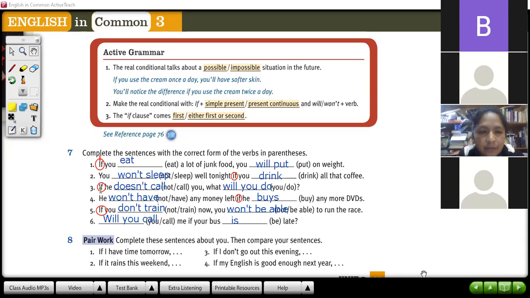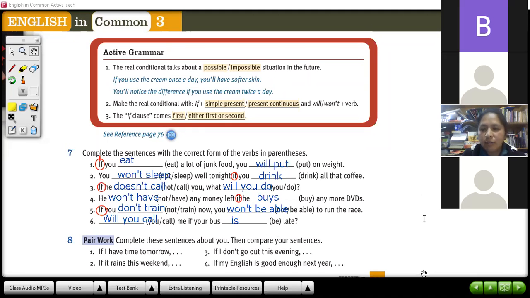If he doesn't call you, what will you do? It's a question, so it must be question order. He won't have any money left. This is the result; if he buys, simple present. So this is the first condition.